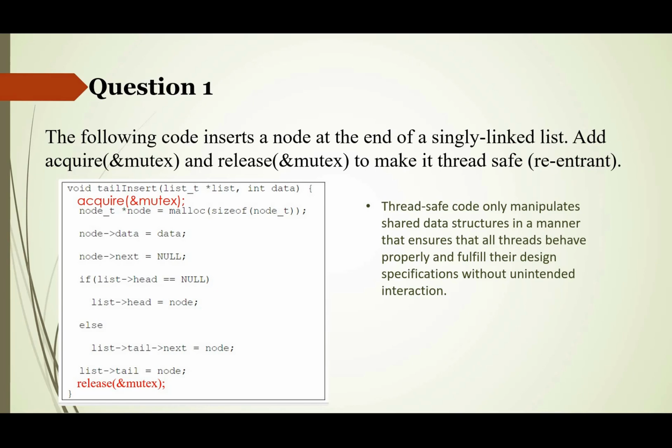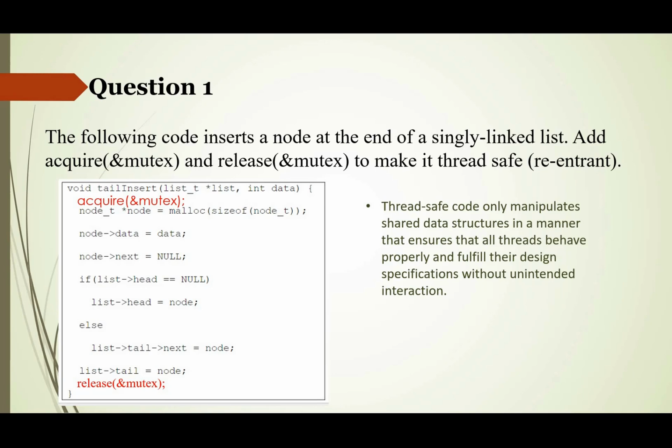No. How about the next two lines, node data equal to data, and assigning null to the next of the node? These are not important parts of the code, and interference from other cores cannot make any difference, because each thread has its own arguments, and these are done on the arguments of the single thread itself.